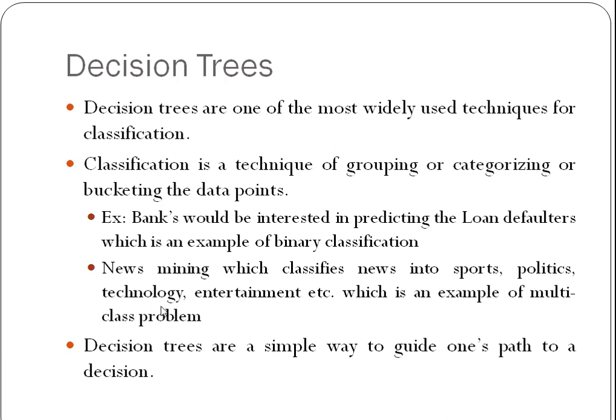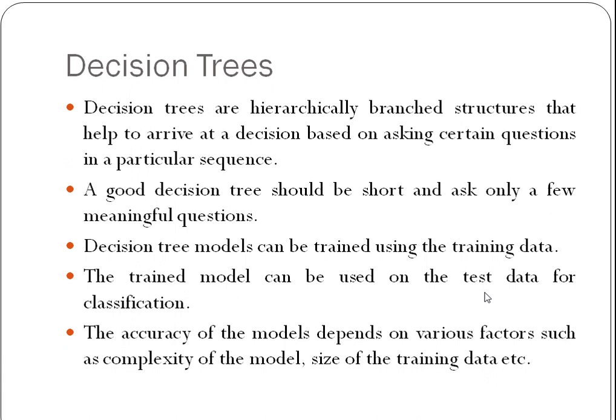You give the data points based on different questions. In decision trees, a set of questions is asked, and it leads to a decision about what category of news it is. Decision trees are hierarchically branched structures that help arrive at a decision by asking certain questions in a particular sequence.